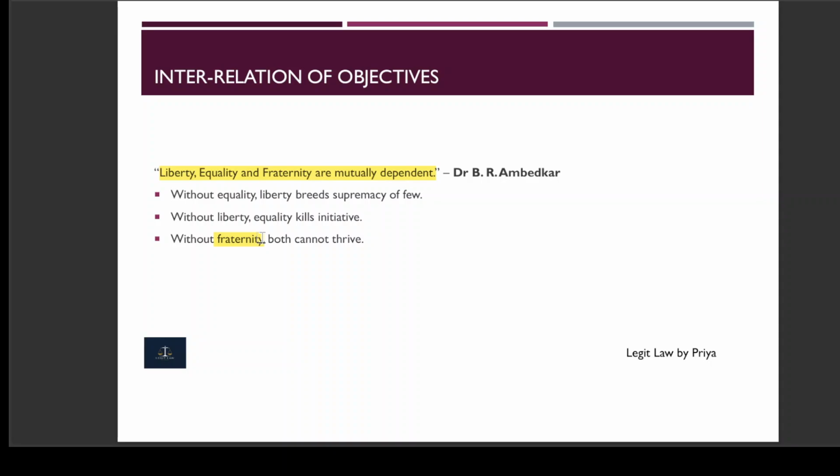If you don't have equality, then they can impose that only the rich have the right to start a business or start a news telecast, which is a violation of your liberty. Whereas if there is no liberty, no freedom of thought, expression, belief, or religion, then where will equality be? There will be no equality. Then coming to fraternity, that is your brotherhood. If there is no fraternity, by default you will have no liberty and no equality.